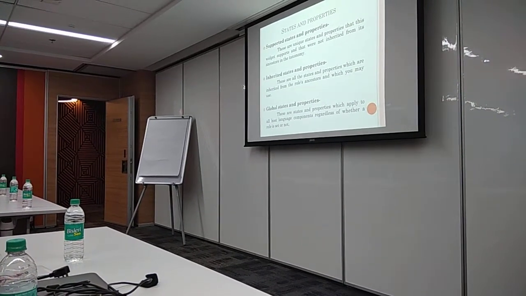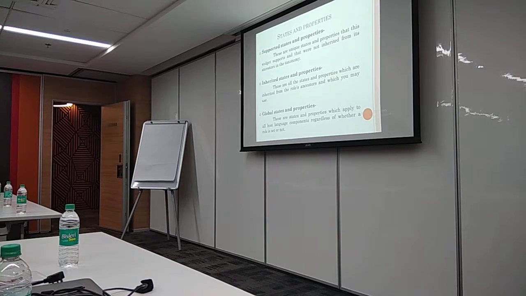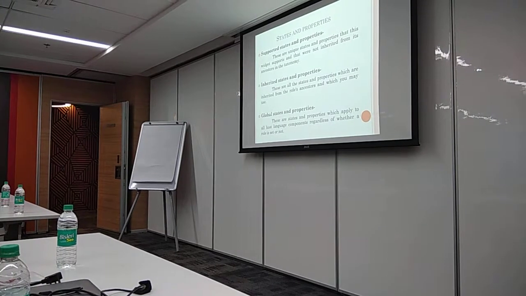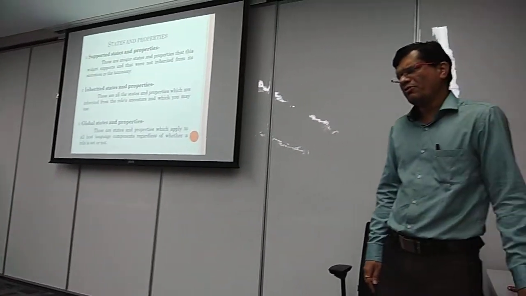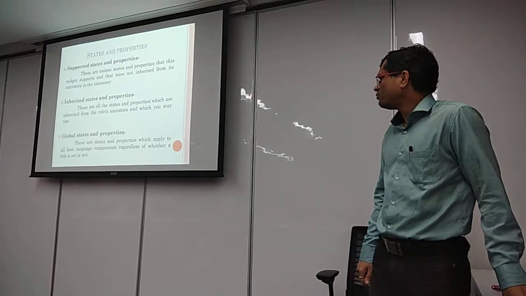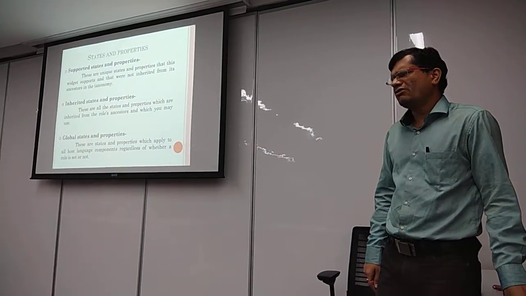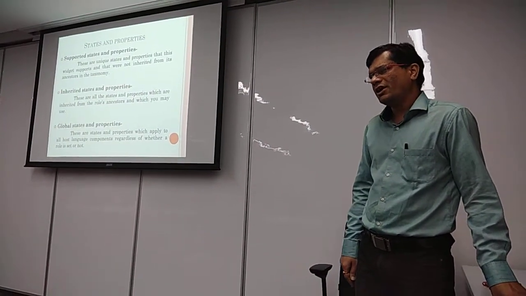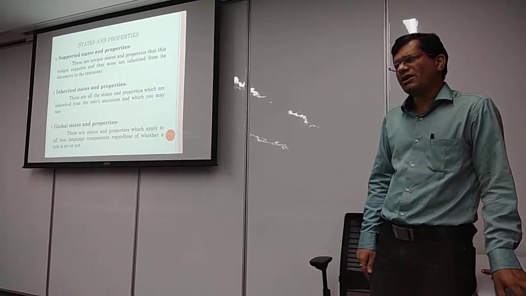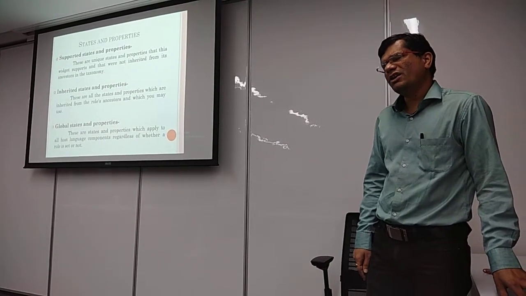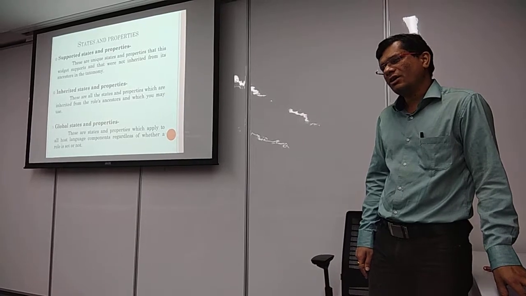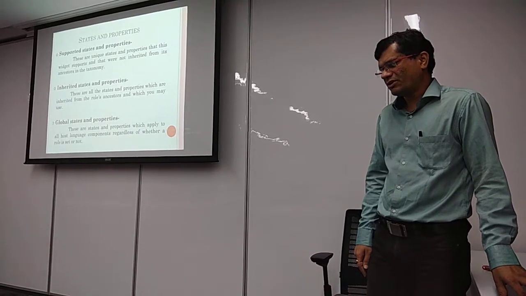We can also classify the states and properties as supported, inherited, and global. Supported means the property that supports only that particular widget. Inherited means the property which can be inherited in similar widgets across the website.